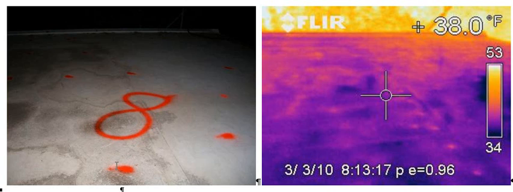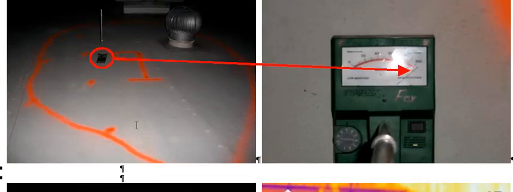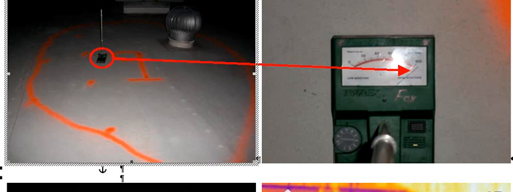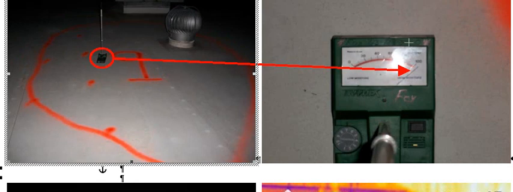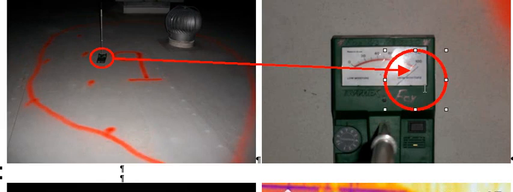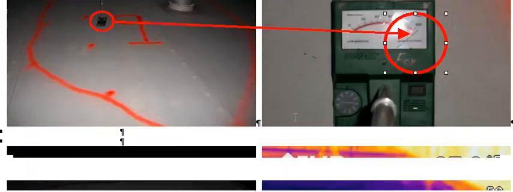Again, number 8, we had a large area, amorphous pattern. Number 9, picture number 9. Here is our capacitance meter. And here is the meter going off, pegging off at 100 plus.